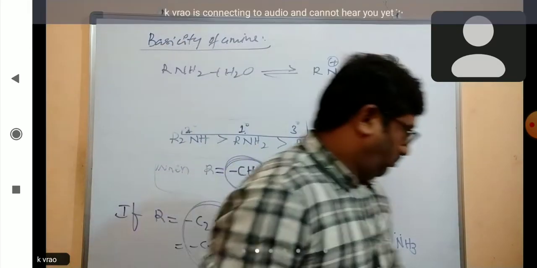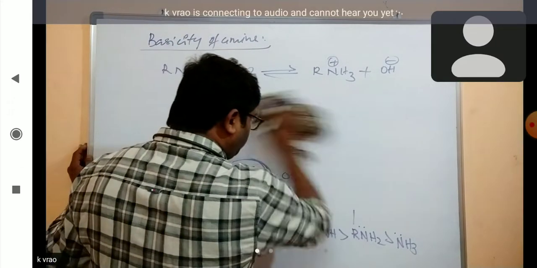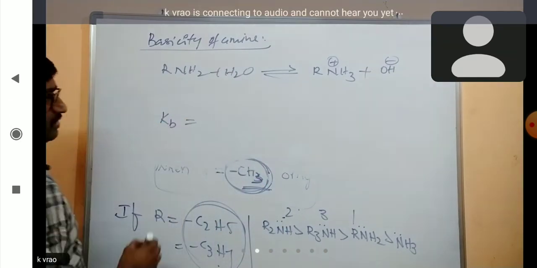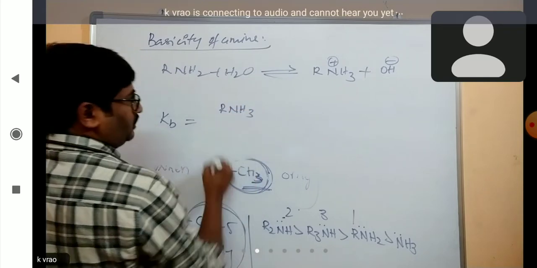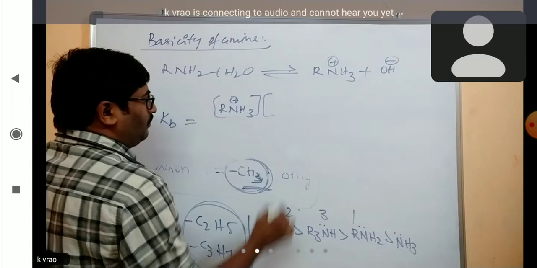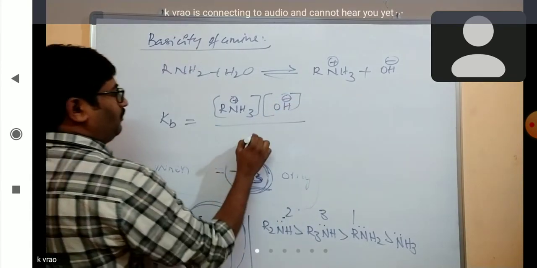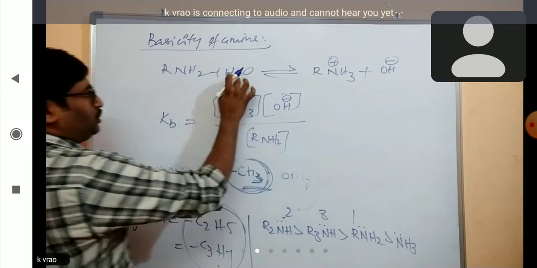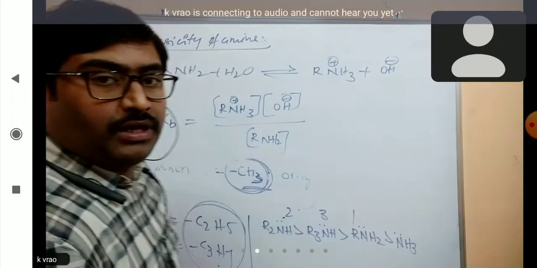Now, the dissociation constant Kb of this equation: Kb is equal to concentration of RNH3 plus into concentration of OH minus by concentration of RNH2, because water is in excess quantity, so we don't include it. That is Kb.